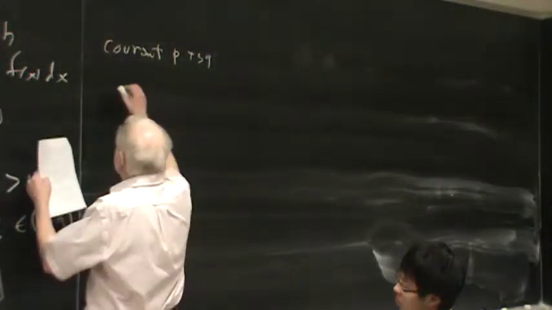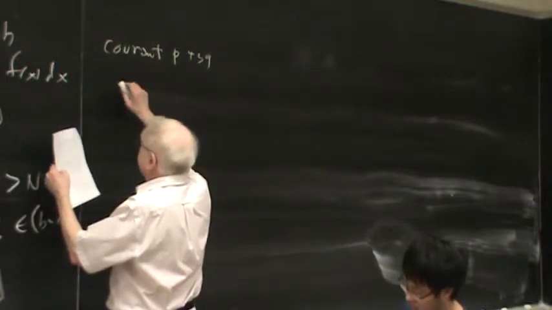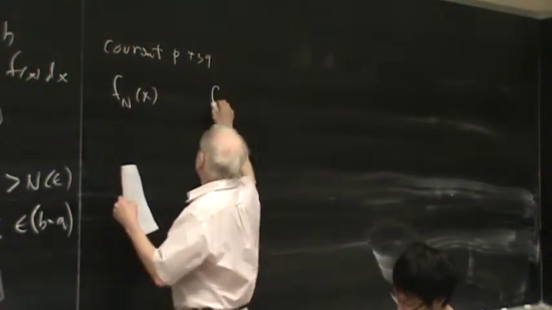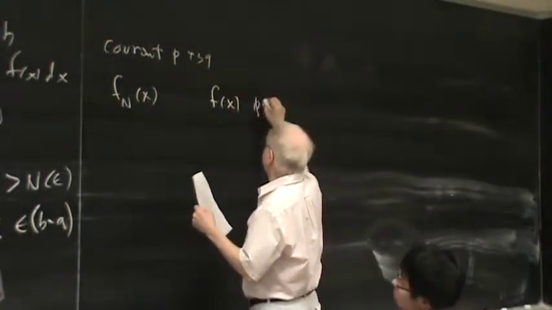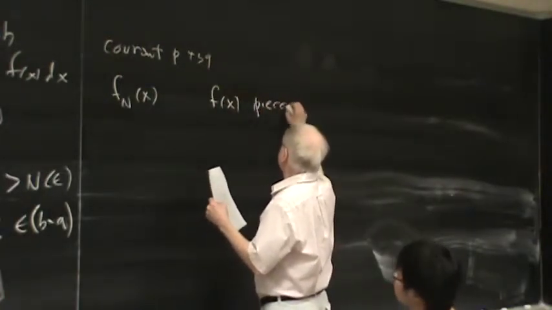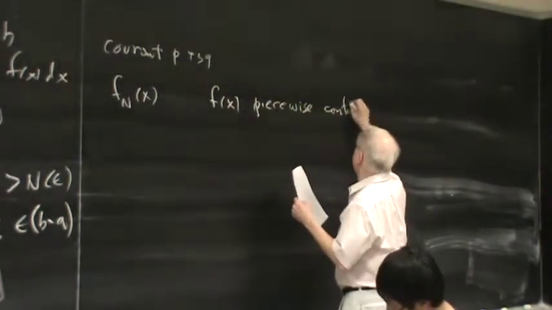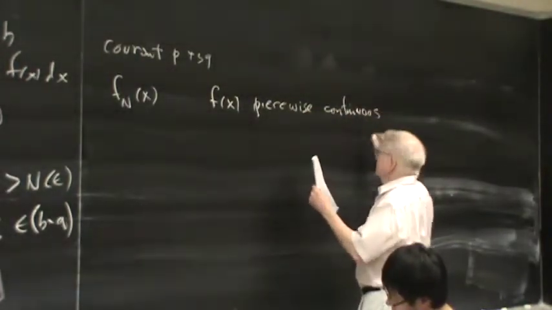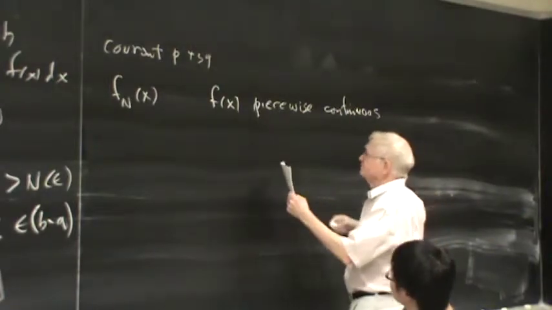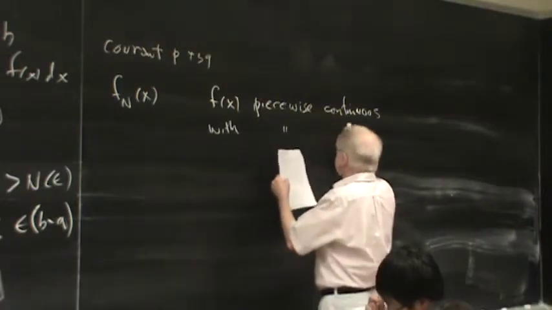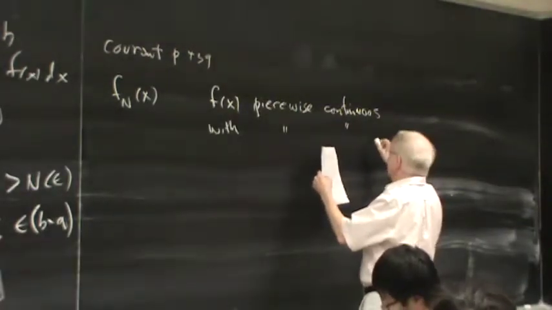Okay, so their theorem is this: the Fourier series Fn of x for a function f of x. Now, what is f of x? It's piecewise continuous, with piecewise continuous first derivative.